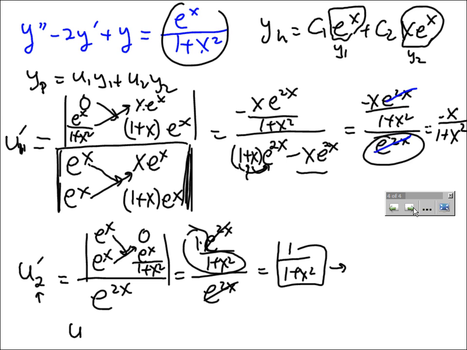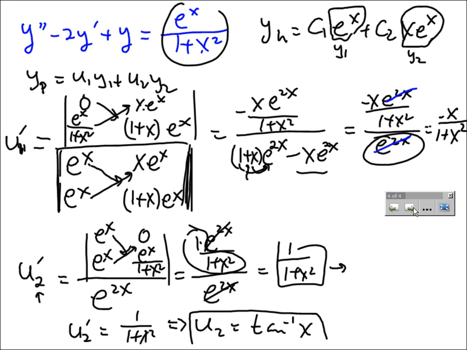Now, if u prime is 1 over 1 plus x squared, you should remember that the integral is the tan inverse of x. Okay, so u sub 2 is the tan inverse of x. Now, what is u sub 1?